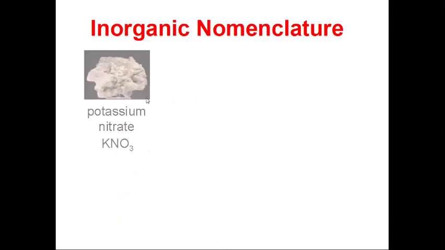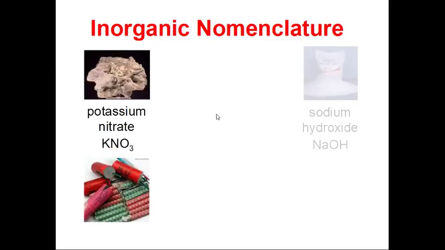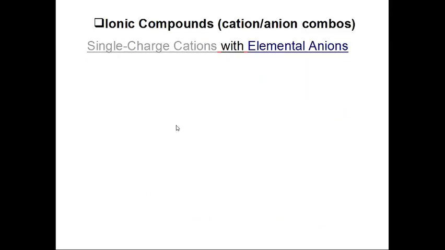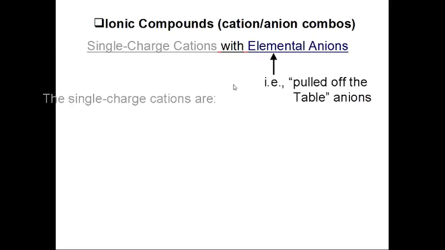All right, so just some examples here, how we name these guys. If you have single charge cations, that means elements that you know what their charge is. So elements in group 1, elements in group 2, elements in group 13 with anions that came off the periodic table.